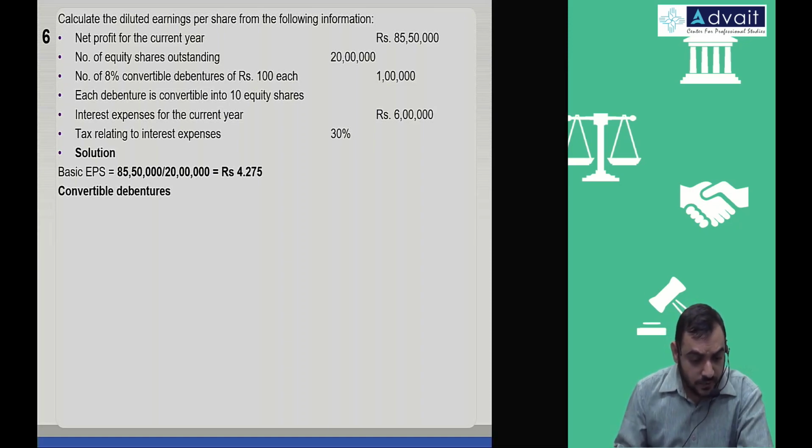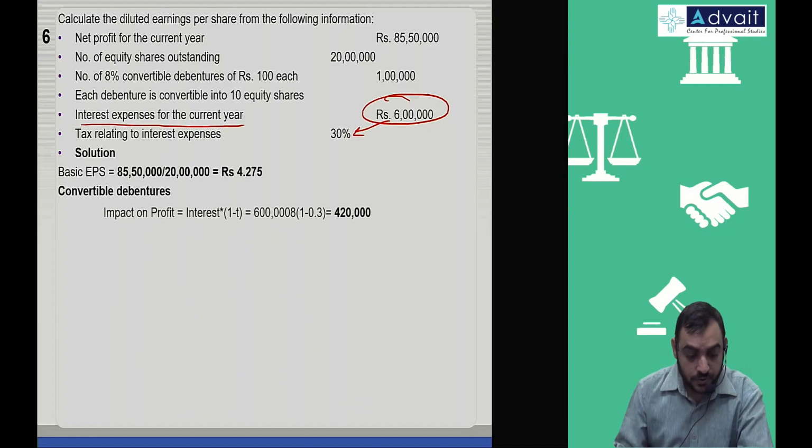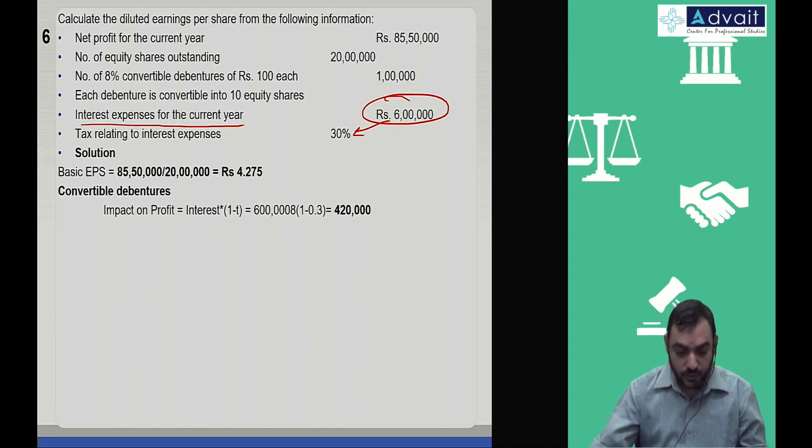Interest, they have given an interest expense for the year of 6 lakh. After tax, 6 lakh into 1 minus 0.3, 4 lakh 20,000.